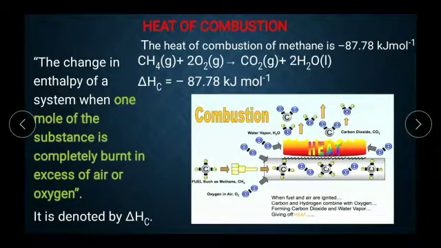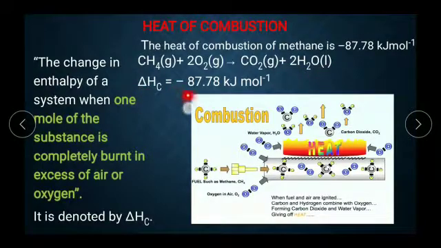Now we take one example, combustion of methane. The heat of combustion of methane is minus 87.78 kilojoule per mole. CH4 in gaseous form plus 2 O2 gives CO2 in gaseous form plus 2 H2O in liquid form.